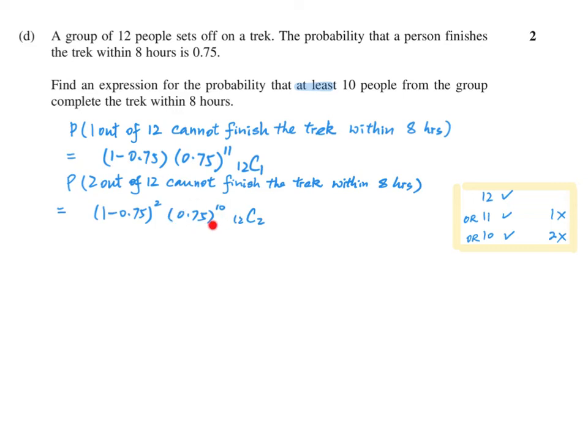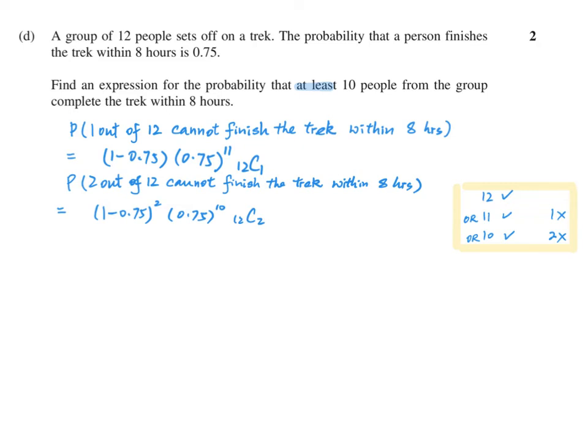And this 0.75 is for those who can finish the trek within 8 hours, and 10 of them. This 12C2 means among the 12 people, how many different combinations of 2 out of 12 people cannot finish. So this is the 10 who can, but 2 who cannot.